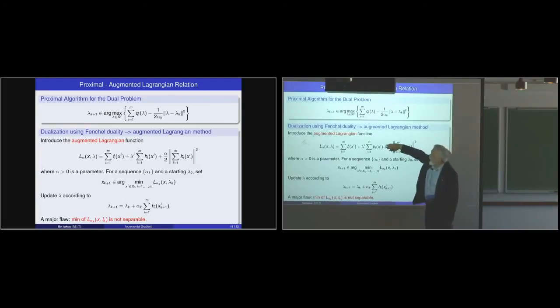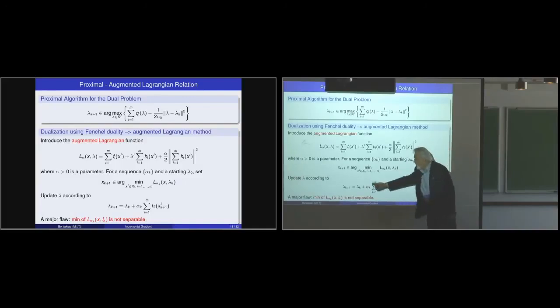Notice that whereas the Lagrangian is separable, the augmented Lagrangian is not separable because in the quadratic, the components are coupled. Okay, so the classical augmented Lagrangian method minimizes the augmented Lagrangian for a given lambda k, and then updates lambda k according to this iteration.